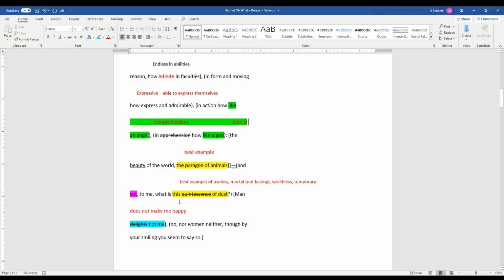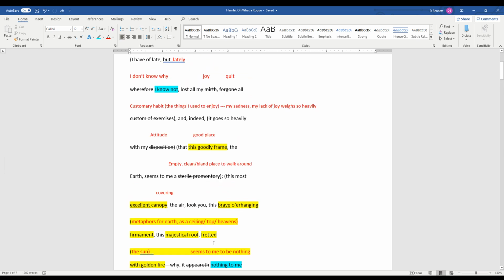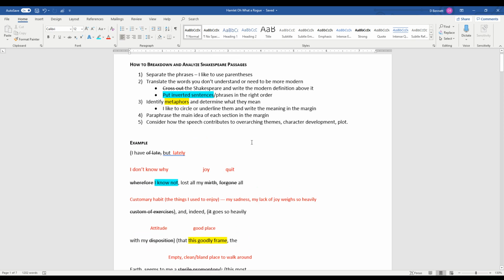And yet to me, what is this best example of useless, temporary dust? Man does not make me happy. No, nor woman neither. And that's kind of what ends it. So he's overall saying, I don't understand why these things that are beautiful no longer bring me joy. Overall, he is expressing his depression, he's expressing his sadness, and the fact that he himself does not understand why he's so sad.